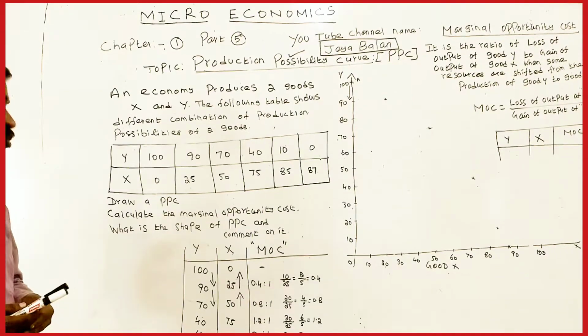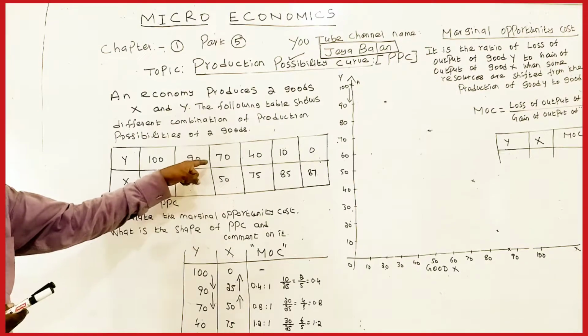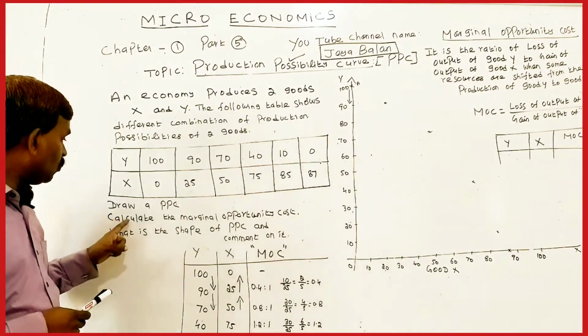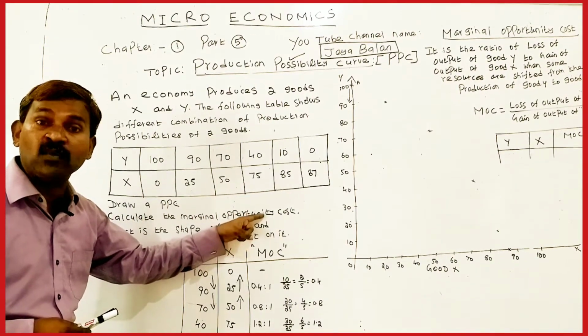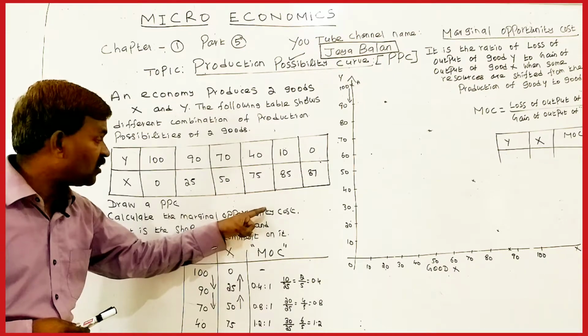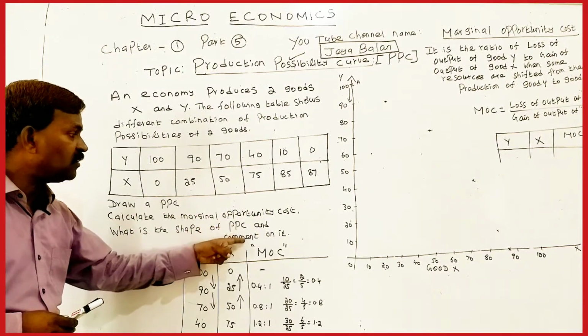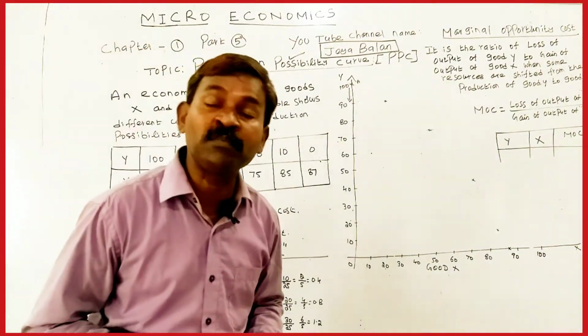What you are asked to do? Number 1, draw a PPC for the given values. Number 2, calculate the marginal opportunity cost. What is the shape of the PPC, and comment on the shape of the PPC.